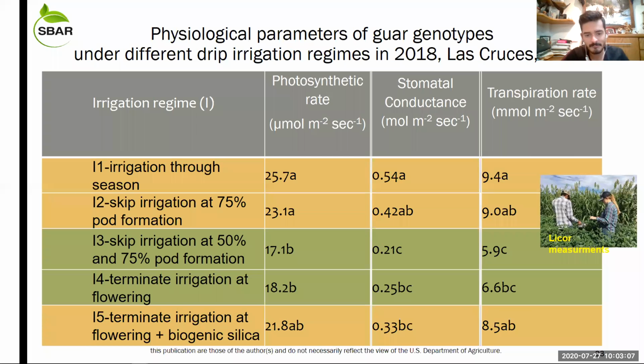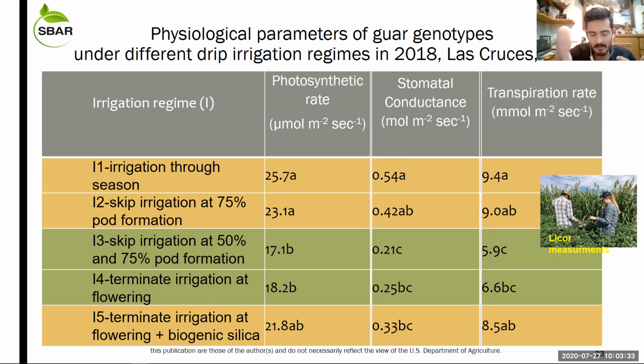In this table, it's pretty simple. We have all the different treatments, and as we can see, as we skip more irrigation, for example, at 50% and 75% pod formation, and when we terminate irrigation at flowering, that was significantly lower compared to irrigation throughout the entire season.